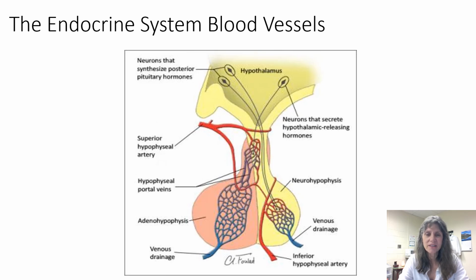And here you can also see the superior hypophyseal artery and the inferior hypophyseal artery on the left-hand side and the lower right-hand side respectively, as they bring blood supply to these capillary beds and then carry hormones away to target tissues in the body.